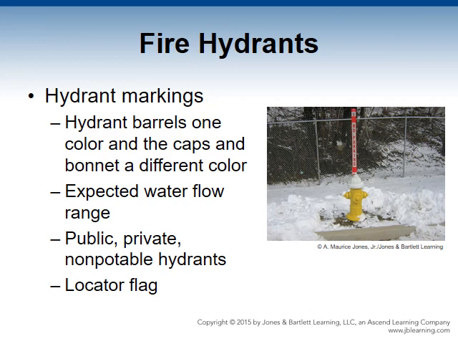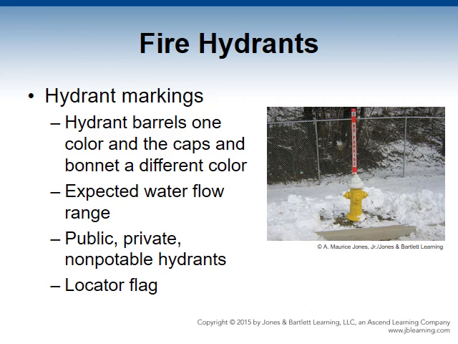Many jurisdictions paint their hydrant barrels one color and the caps and bonnets a different color. This can be for easy identification by the approaching apparatus. They may also correspond to a color code that indicates an expected water flow range. Typically, the cap and bonnet color, not the barrel color, corresponds to the flow rate.